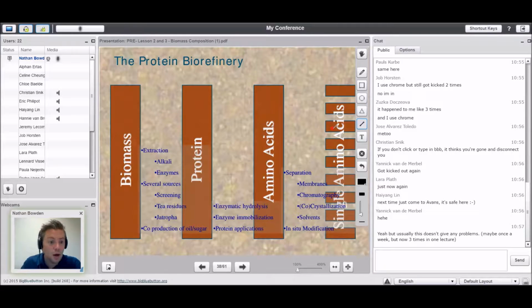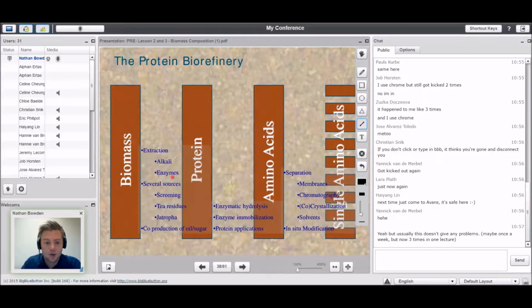And again, we're going to talk about protein recovery in the next couple of lectures. But biomass is the big part. It can be separated into proteins and lignocellulose. The proteins can then be divided into amino acids, and then amino acids can be extracted individually.